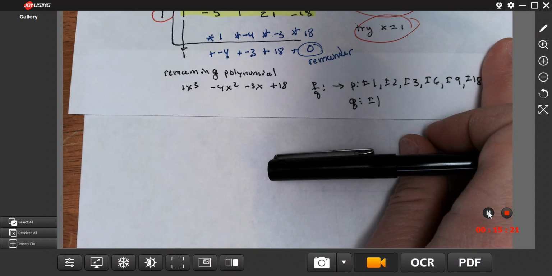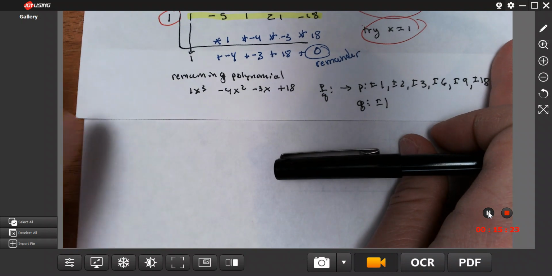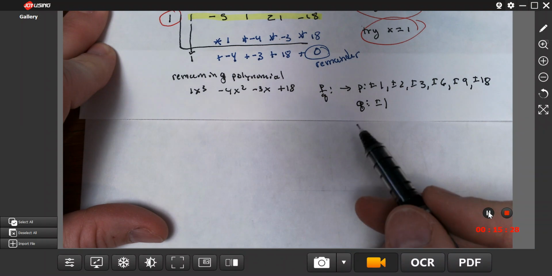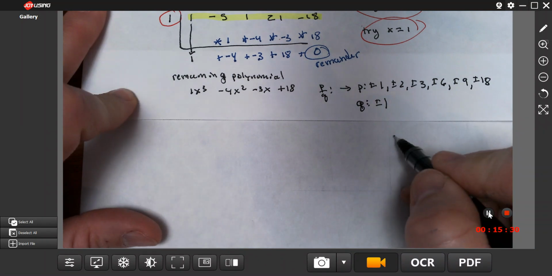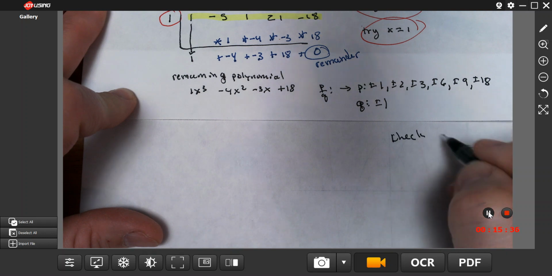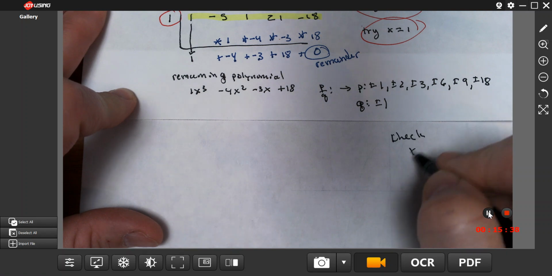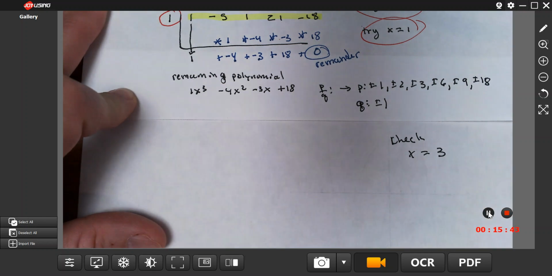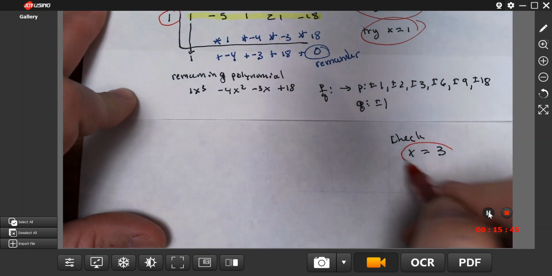Okay, so let's pick one. So let's see. Again, I chose them carefully so that I won't spend a lot of time on this. So we're going to check or pick or try x equals 3. So again, with my same color coding system, I'm going to do 3.